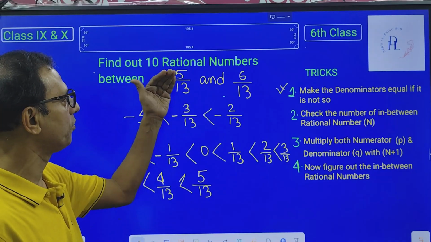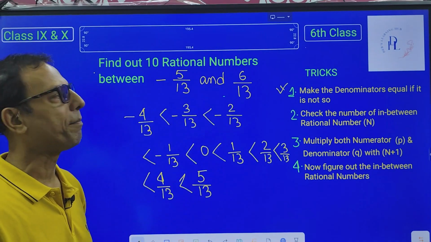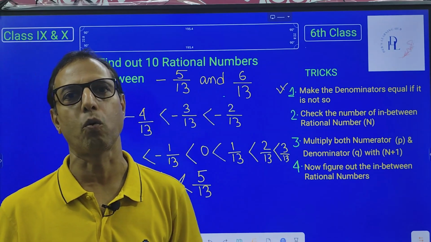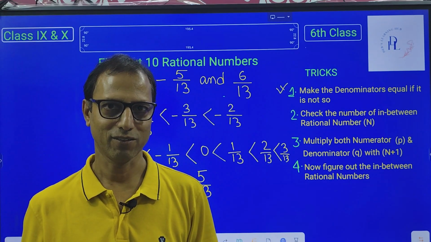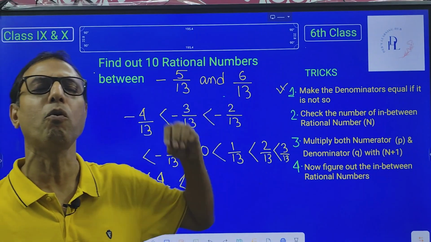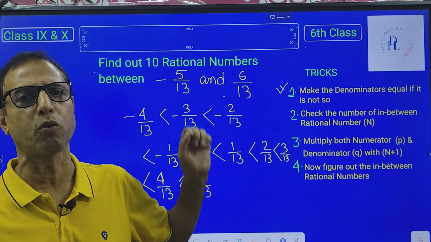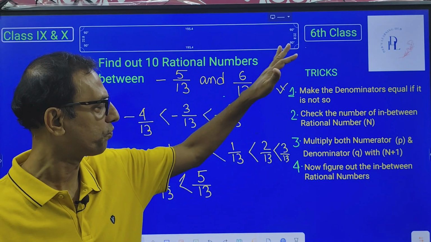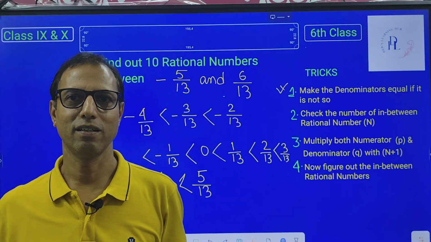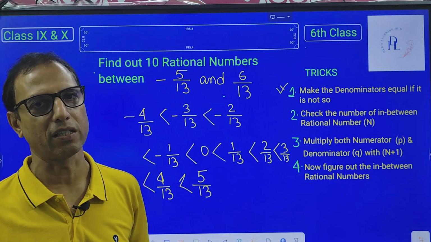In parallel, you need to remember about these two examples with negative and positive numbers as the lower and upper boundary. Got it? So this is a very, very important question. Most of the times it comes in your board exam. So if you remember and follow these tricks, there is nothing difficult to solve this kind of problem.